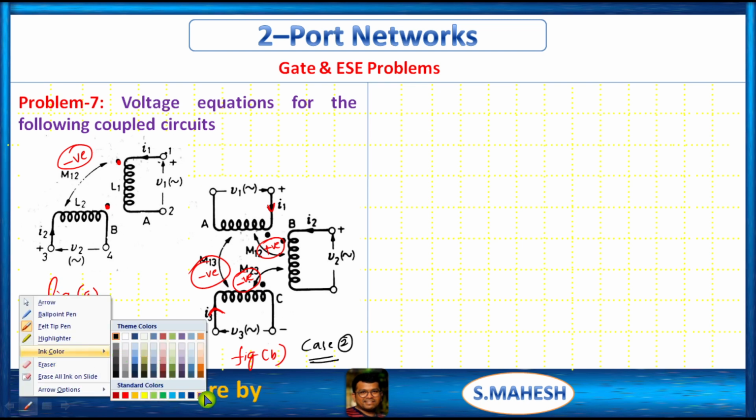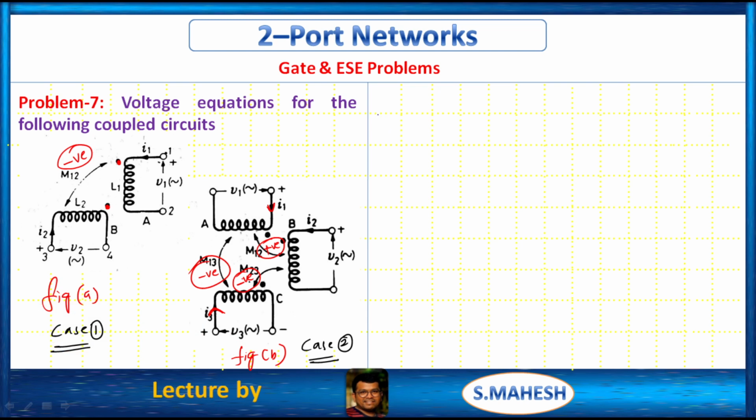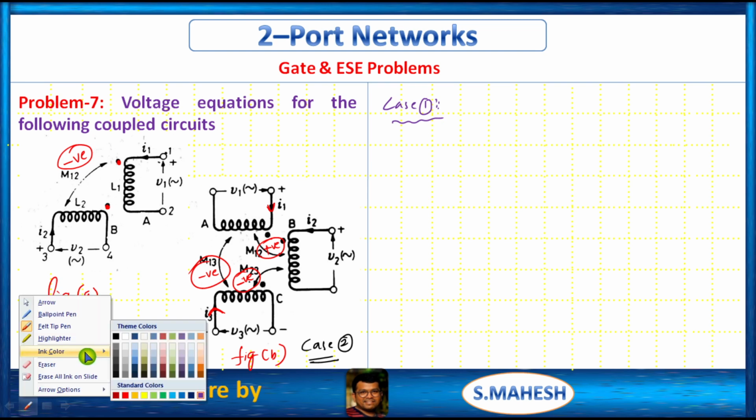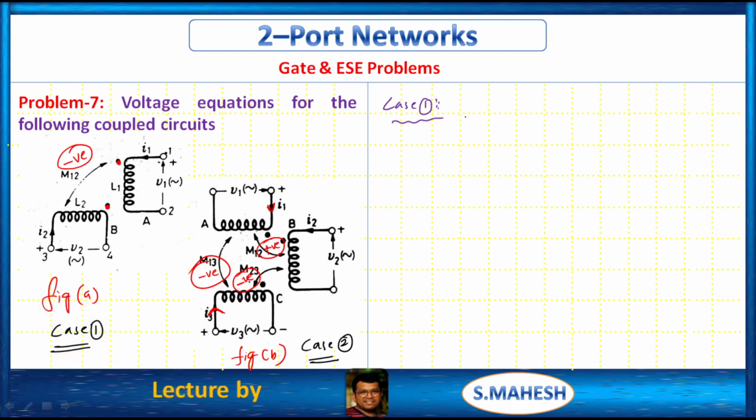From case 1, first we have to write V1, which equals L1 di1 by dt minus, what about the mutual inductance M12?